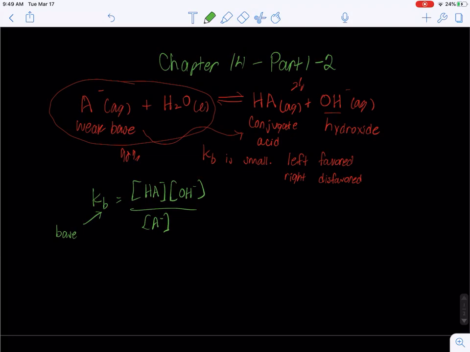Okay, and there's no water. Water is a liquid, right, and does not enter into the equilibrium expression. So we have the two products here, which are both aqueous, and one of the reactants, which is aqueous, and it's products over reactants. In the balanced chemical reaction, there's a coefficient of 1 everywhere, so we don't need to show the first powers on all of these concentrations. Okay.